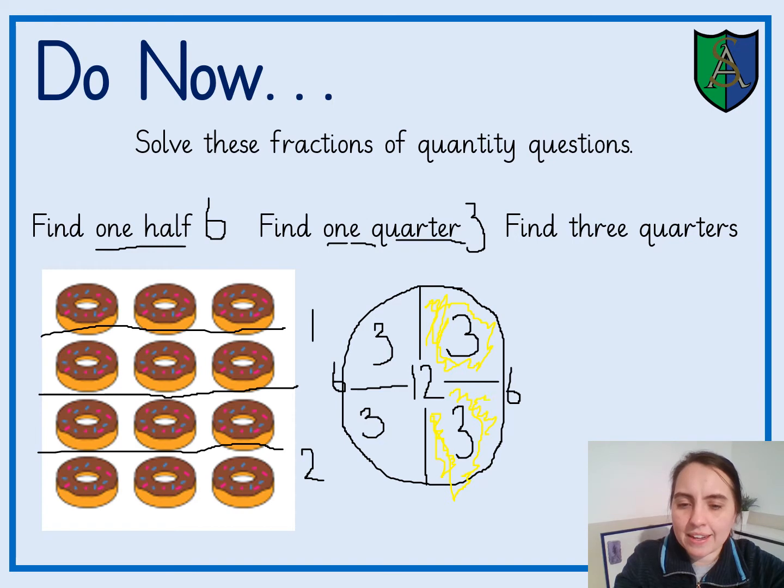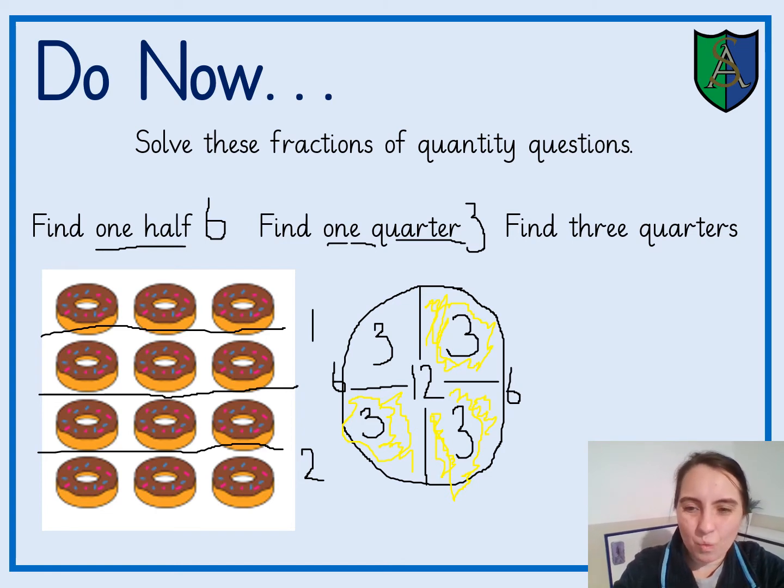I'm looking to highlight 3 to find my answer. So I've done 1, I've done 2, I need to do 1 more. If we count up those 3 threes, the answer is 9. Brilliant. Well done, everybody. So the answer to finding 3 quarters is 9. Super job.